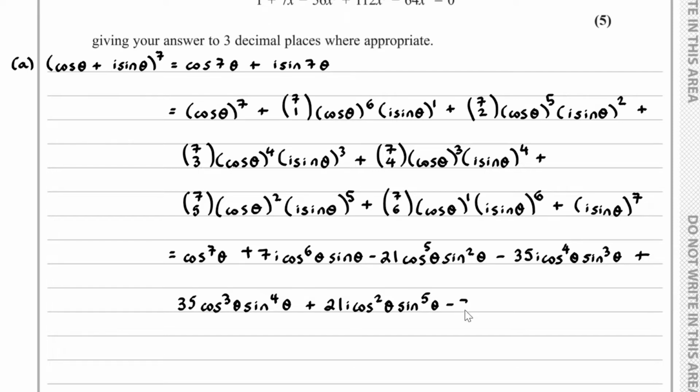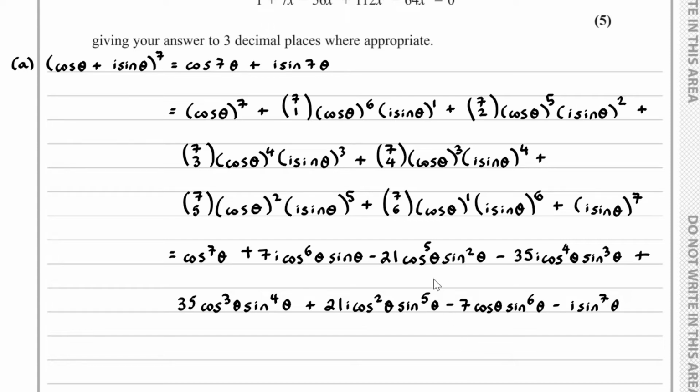Then we've got minus 7 times cos theta times sin theta to the 6. And then we have minus i sin theta to the 7.